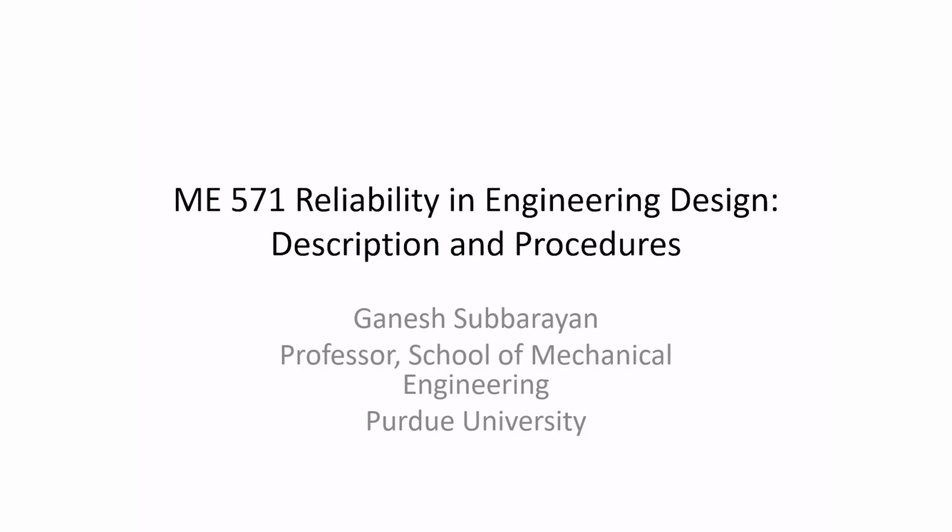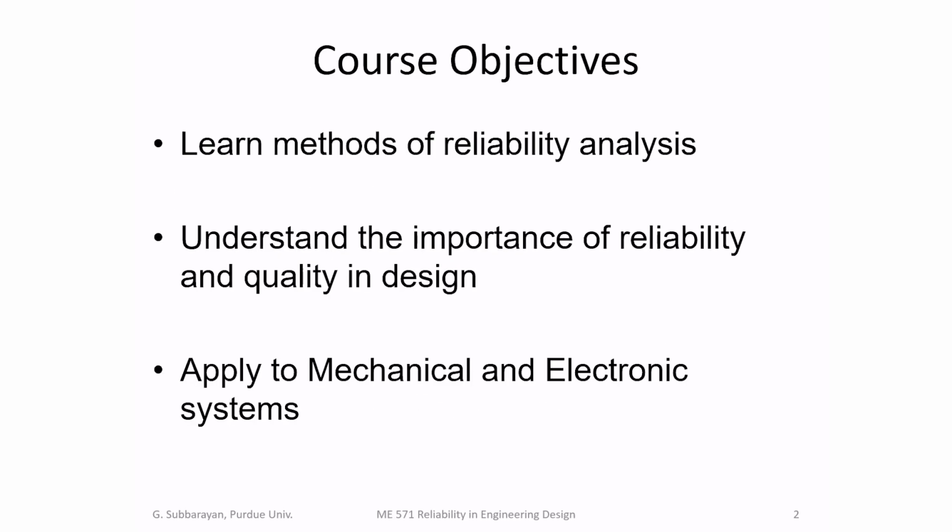So we'll start with course objectives. What can you hope to get out of this class? You can hope to learn methods of reliability analysis, understand the importance of reliability as well as quality in design.